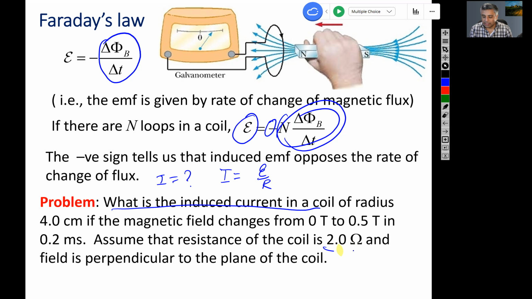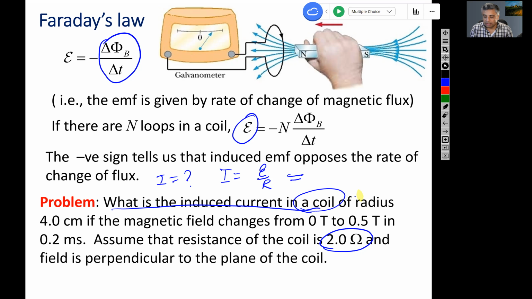If we are given the resistance, we can use Ohm's law. But for that, we need EMF, and that EMF is not directly given. It's given indirectly, okay? So for that, we're going to be using this here. So how many number of turns there?